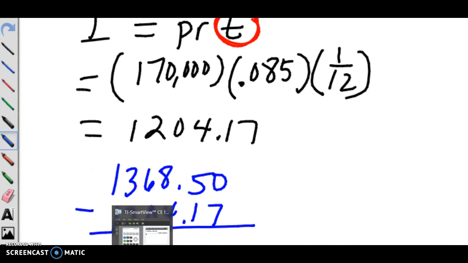And then we will have the amount of the first monthly payment that goes towards the principal.